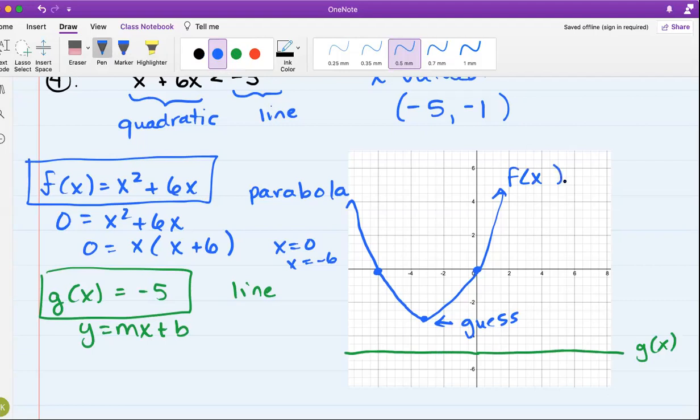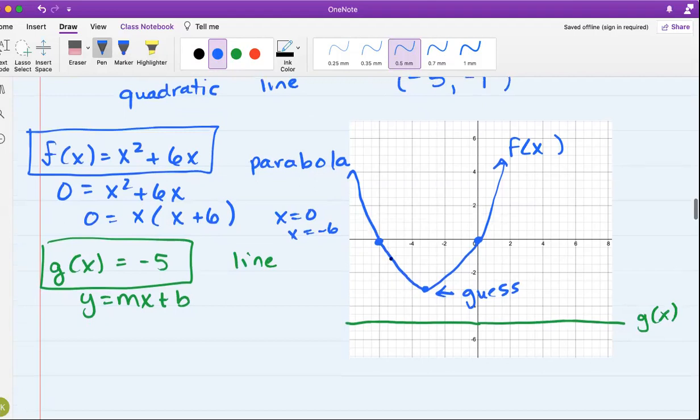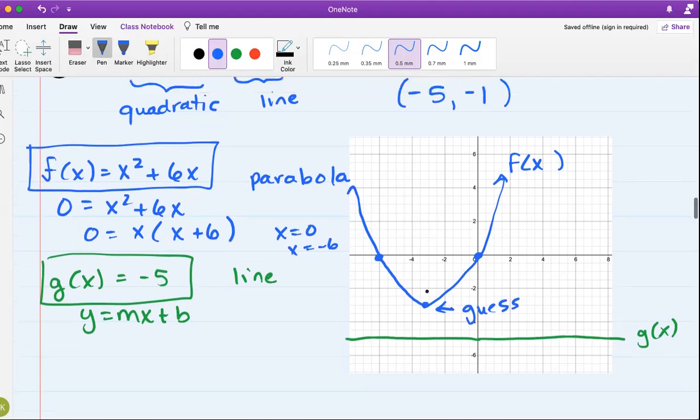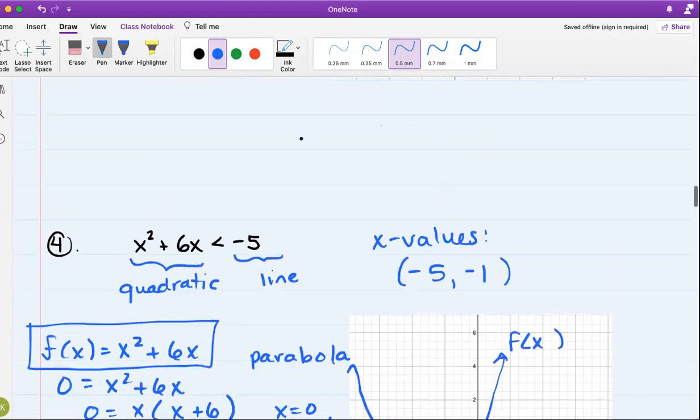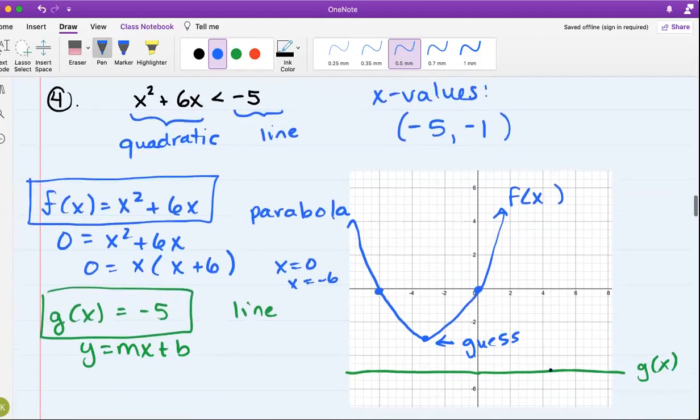Now I mentioned that I have to be very careful with the vertex. Before I didn't have to be careful, but this time I'm going to have to be careful. That's because I need to know if these two intersect, and if they intersect, where do they intersect? Because if the vertex is sitting above this line, then this inequality, where you want the inequality above this line, this is what this problem is saying.